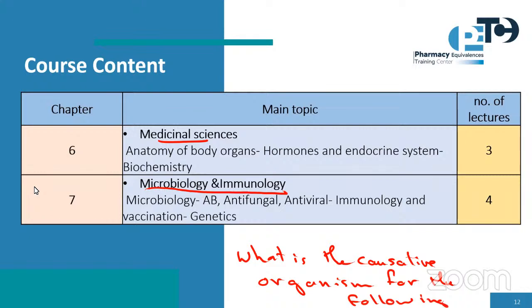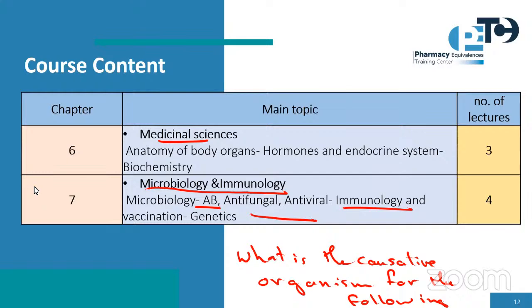This question is a common one, present in all exams, so we learn how to solve a question like this. Also, we have a lecture about antibiotics, a lecture about antifungal and antiviral agents, and a lecture about immunology, immunization or vaccination, and genetics.